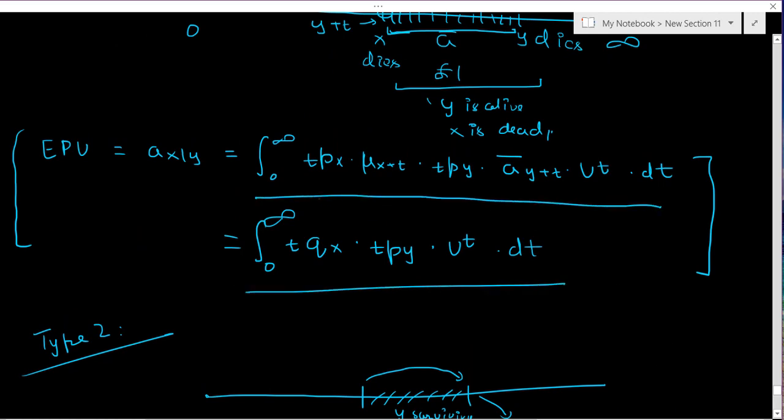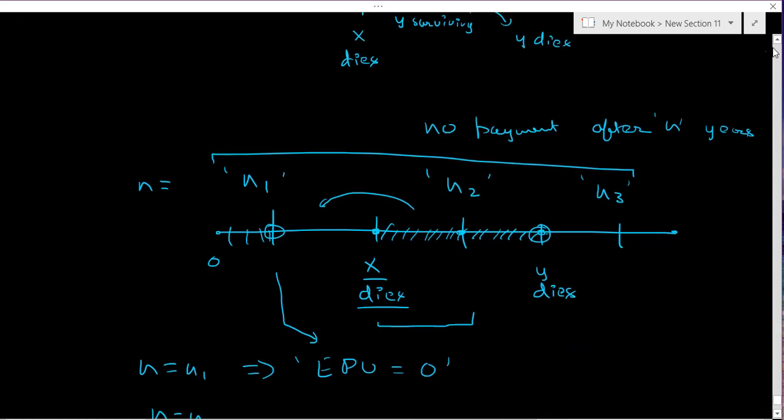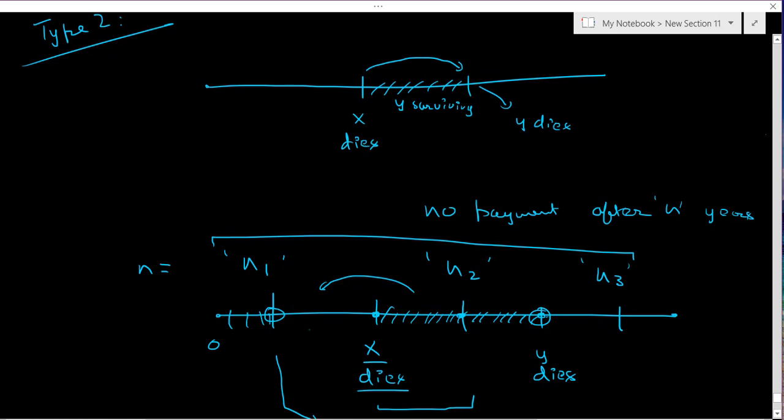But the problem with using the first definition is that if I model t, the time of death of x, with respect to n, then I would have to model it in three conditions. I would have to model it when n is equal to n1, some time between 0 and the death of x, and then I'd have to model with n2 and n3. That would become really complicated.